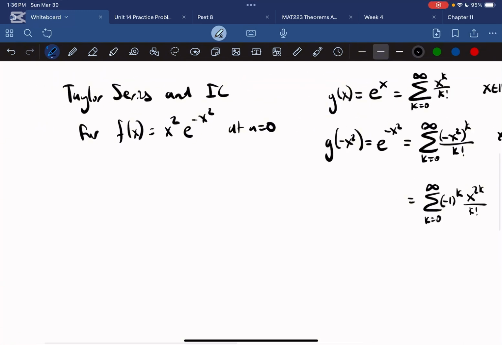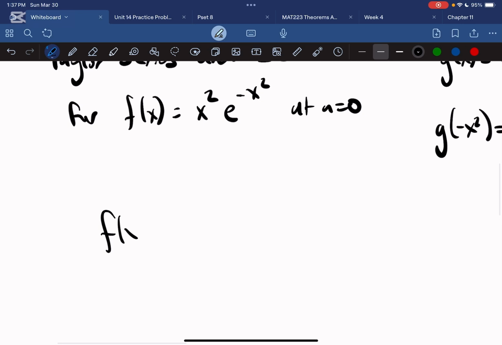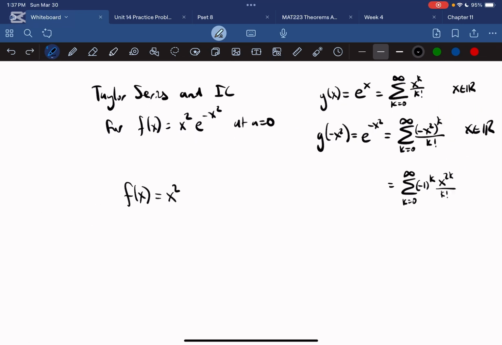And now we can plug them right back in. Now we can write f of x equal to x squared times e to the negative x squared, which we can represent like this. So we'll just place it right in there.